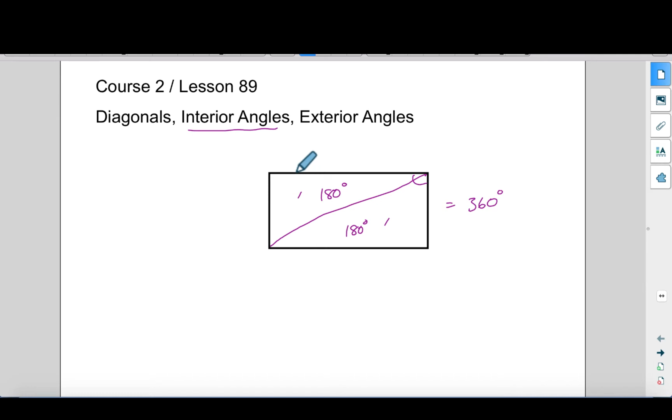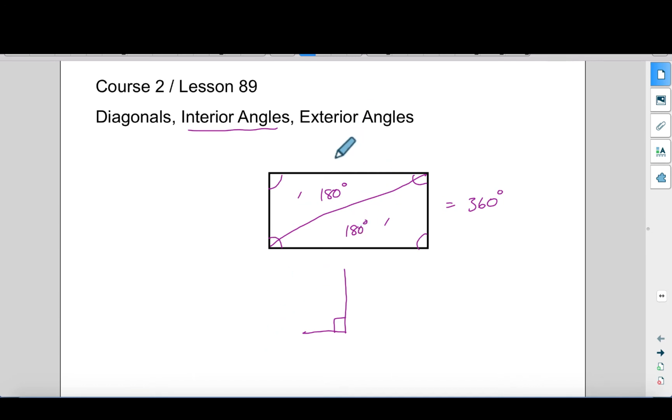Each of these angles here is worth 90, which totals 360. We can also call those right triangles, because if we have a 90-degree angle, we usually represent that with a little square down there. So triangles, interior angles, 180, that's your diagonal line.